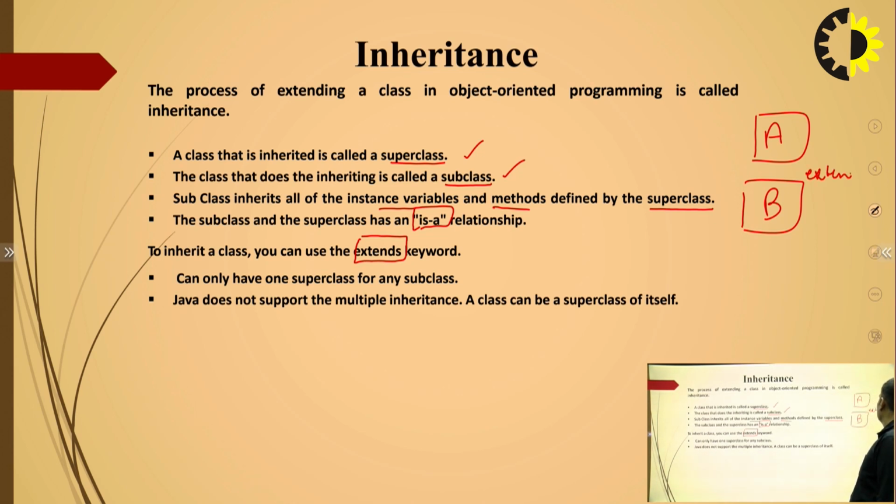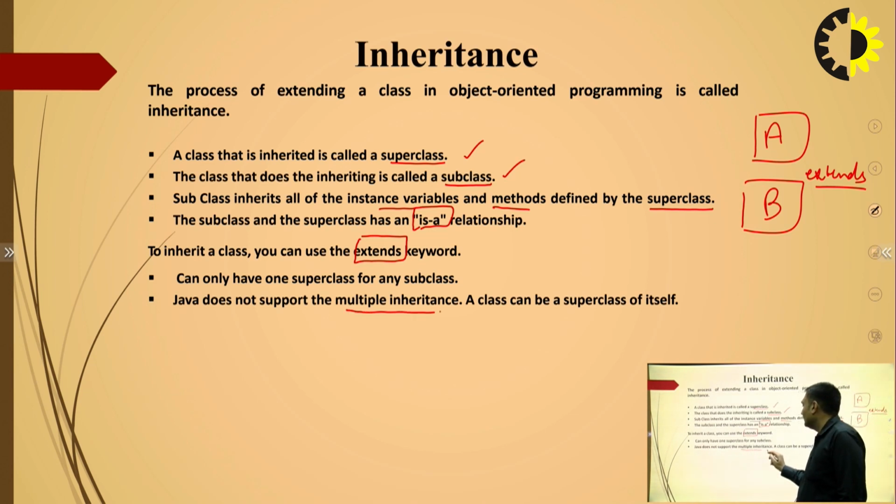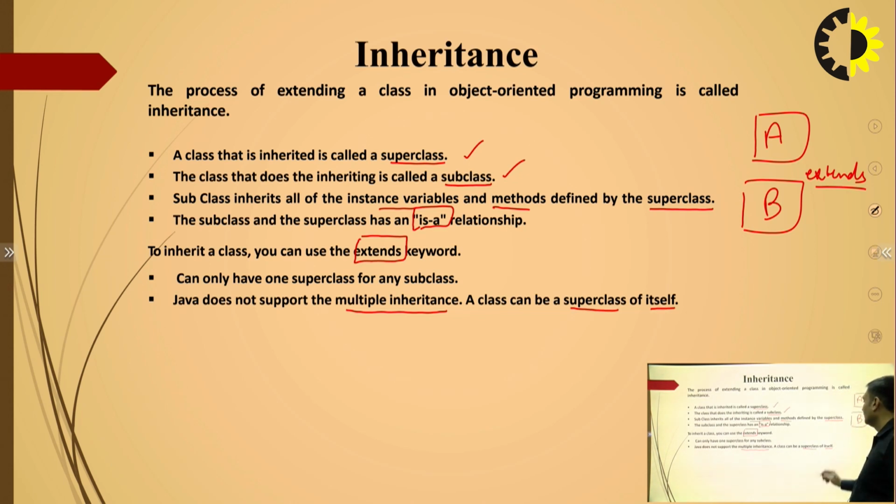Inheritance has various types, but in Java multiple inheritance is not supported. So what it means is, a class cannot be a superclass of itself.